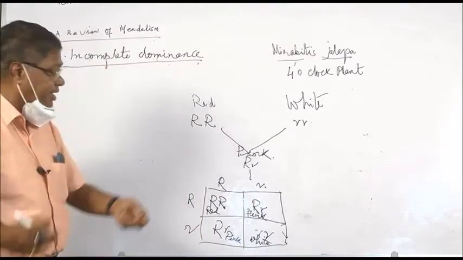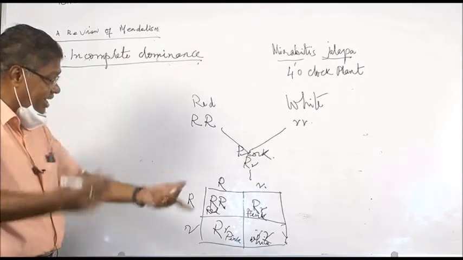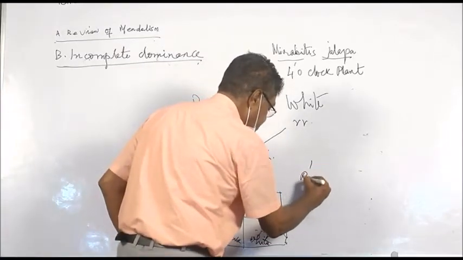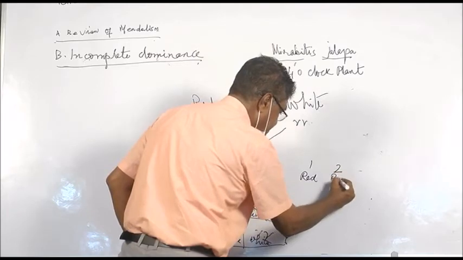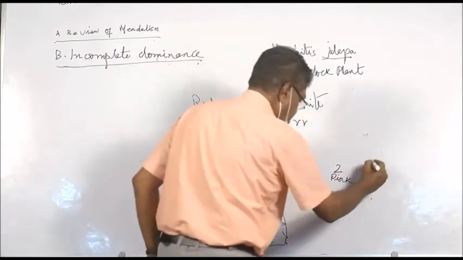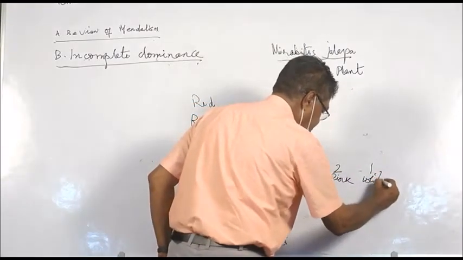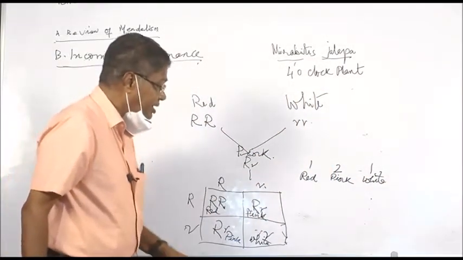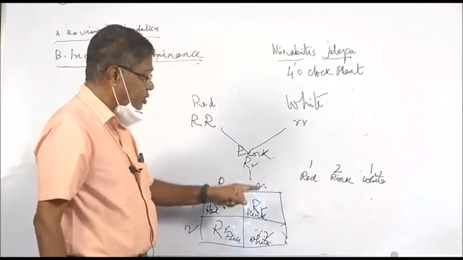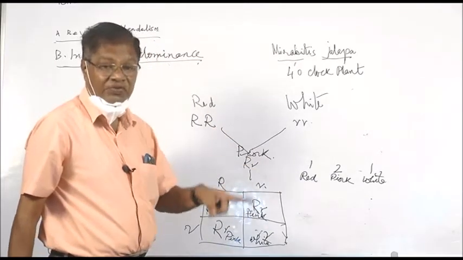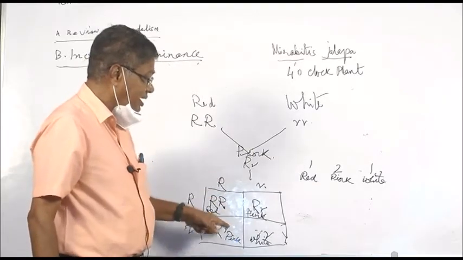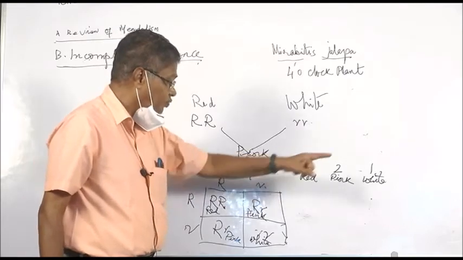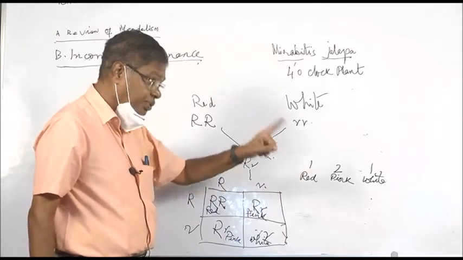So the phenotypic ratio is 1 red, 2 pink, 1 white, that is 1:2:1. We have seen that in a monohybrid cross the phenotypic ratio is 3:1, but here it is 1:2:1.